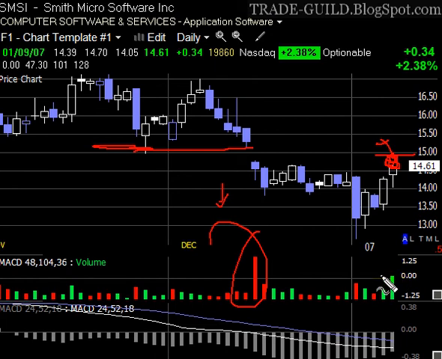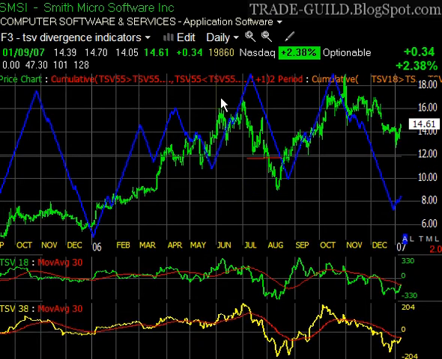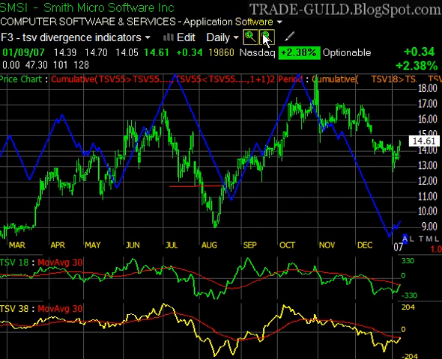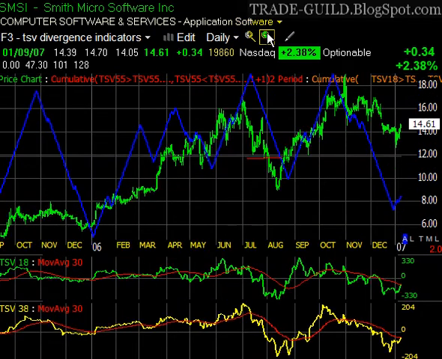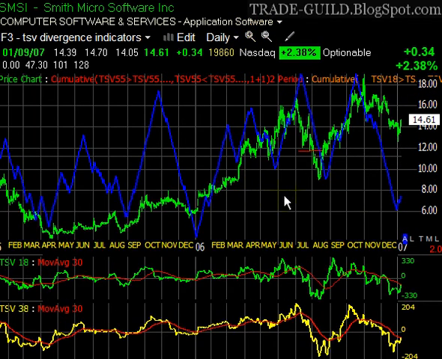So we're getting very close to that level right now, and let's just take a look at this F3 indicator, my custom indicator. Look how price has basically been marching up, and we're kind of making higher highs over here. When we get to this level, we're making a higher high here, but it fails to make a higher high in this indicator. Negative divergence, that's a warning sign.